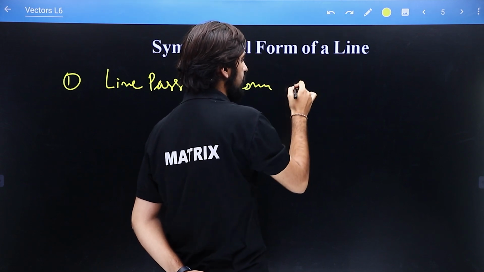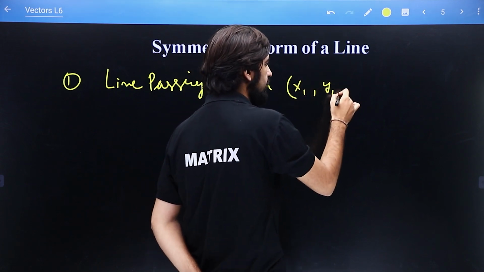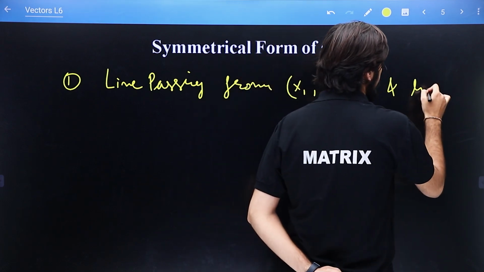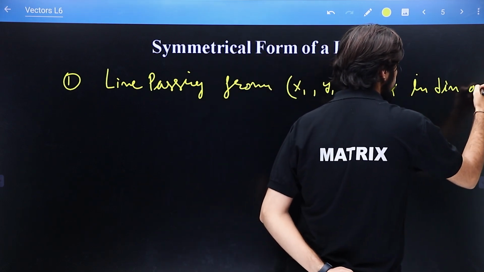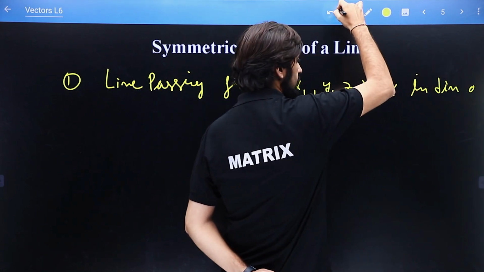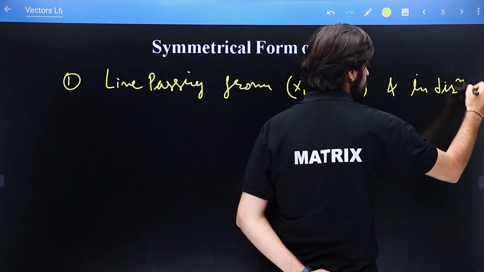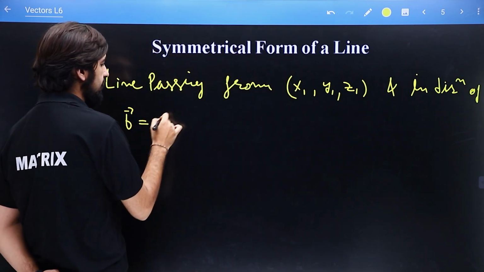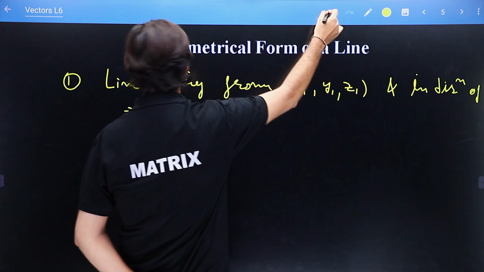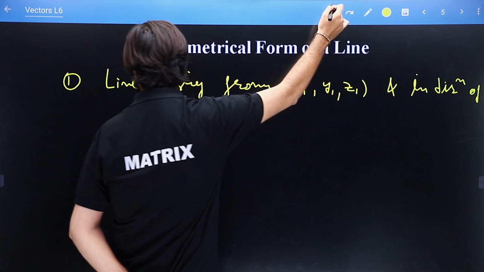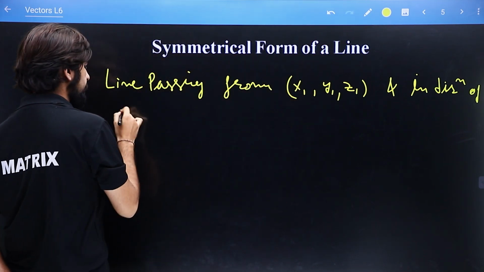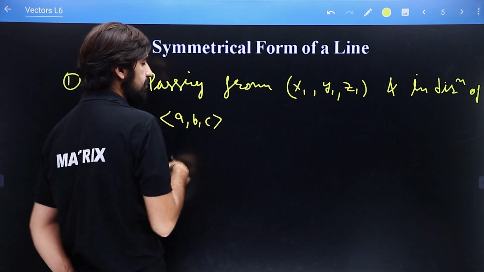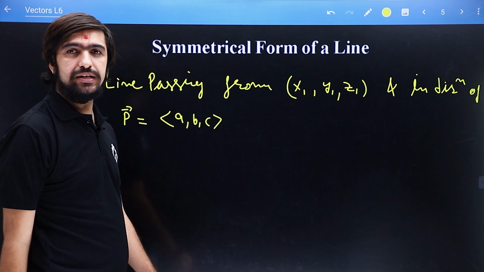The line is passing from here, and in the direction of, let's say, vector p, because I am going to write it as A, B, C. Vector p is A i cap plus B j cap plus C k cap.